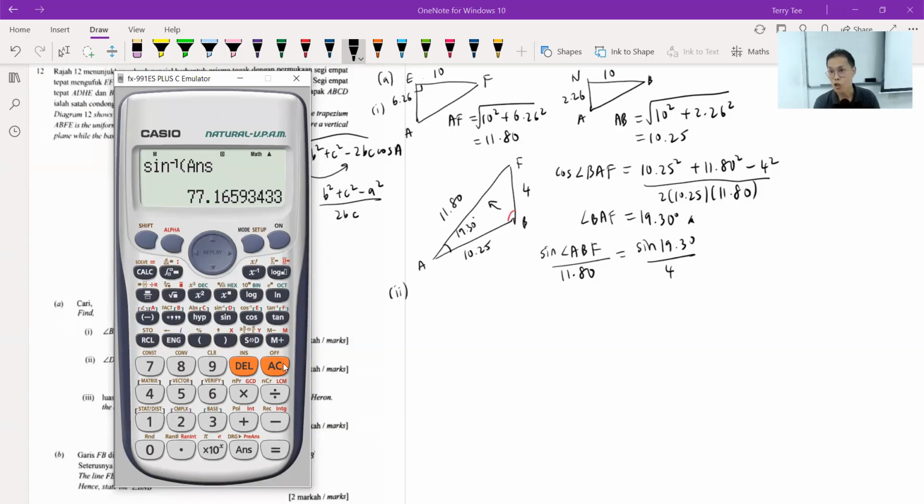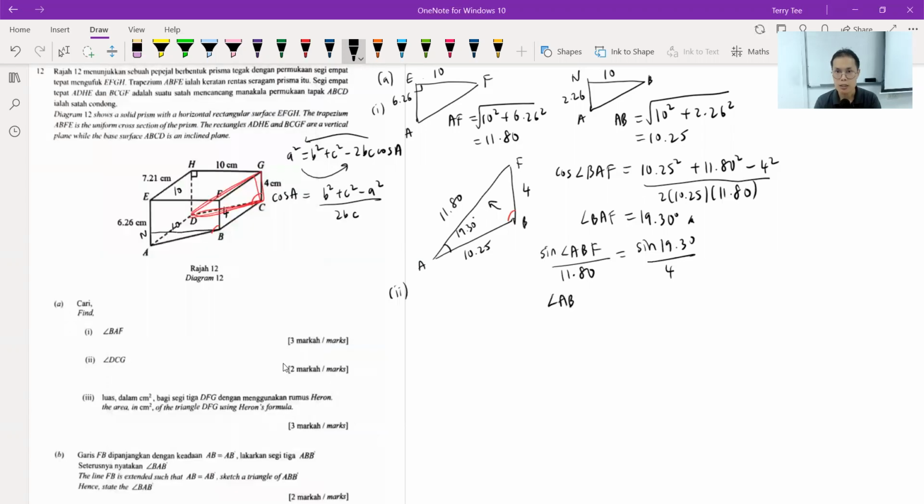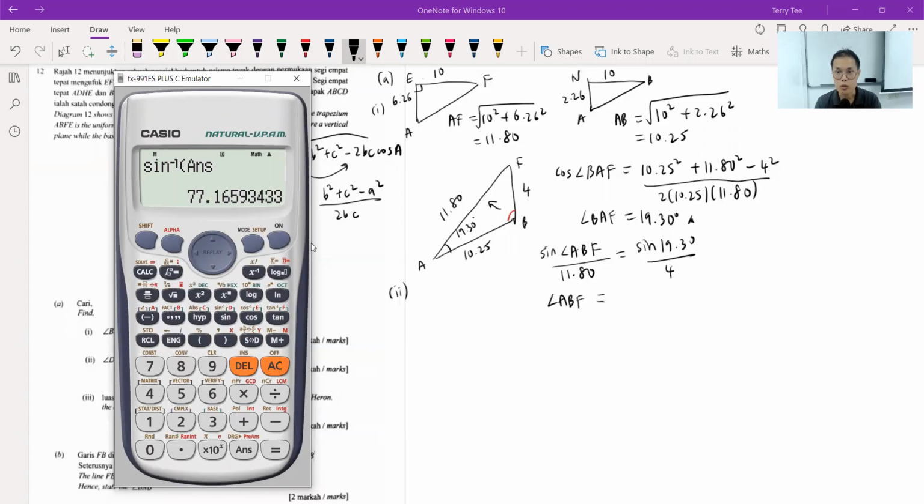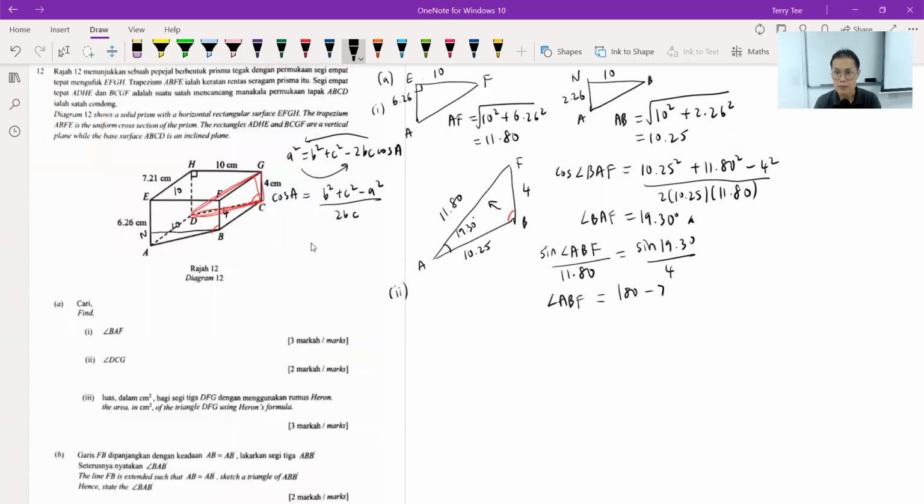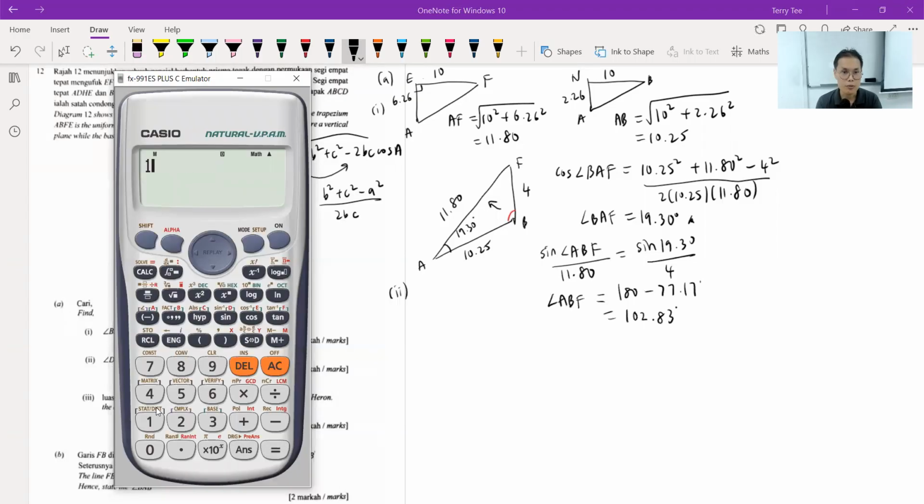Okay, but remember, this is an obtuse angle. We can see quite clearly it's an obtuse angle. So we cannot say ABF equals 77.17. We need to do 180 minus 77.17. This result will be 102.83. Yeah, you can't use brain, use calculator.